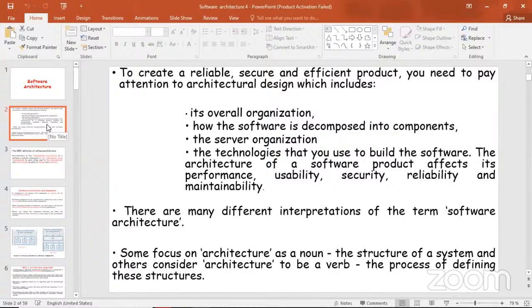Okay, so to create a reliable, a secure, and an effective product, we need to pay attention to the architectural designs, which includes its overall organization, how the software is decomposed into components, the server organization, the technology that you use to build the software. That is, the architecture of a software product affects its performance, its usability, security, reliability, and maintainability.